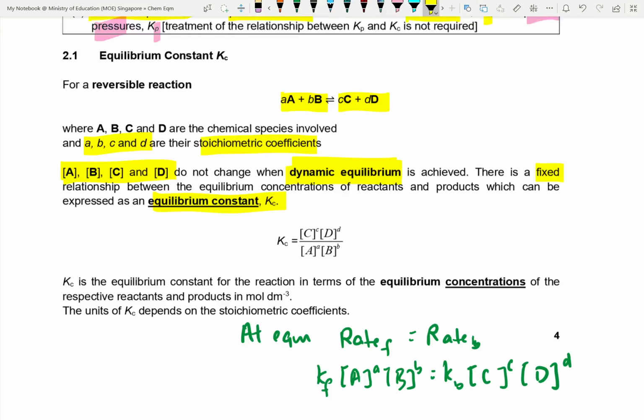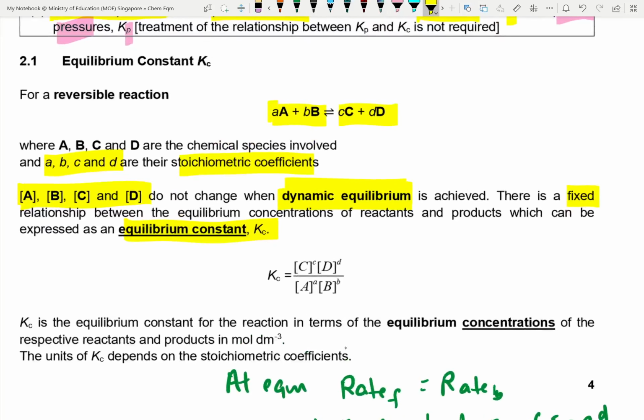In other words, the Kc of this particular equation is based on the product of the concentrations of the products, each raised to the appropriate power equal to its stoichiometric coefficient, over the concentrations of the reactants raised to the appropriate power, which is dependent on the stoichiometric coefficient. Okay, so this is how we write the Kc expression.